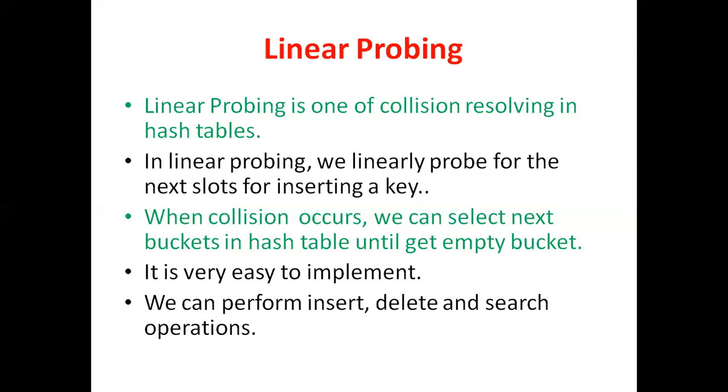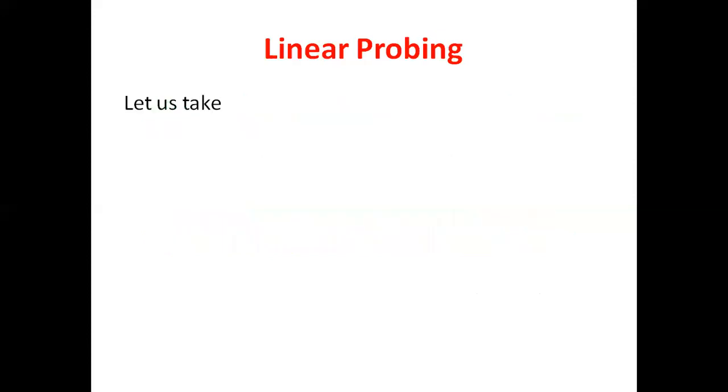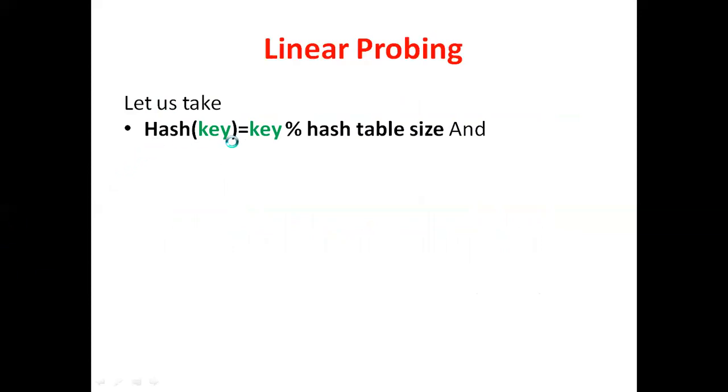So we will learn one example for the linear probing method. Let us take the hash function: h(key) = key mod hash table size. Generally this is the hash function, key modulus hash table size.